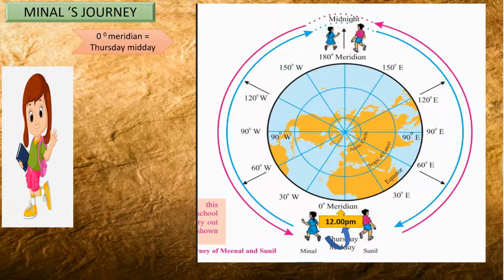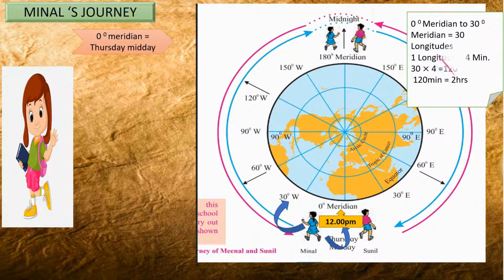Now again she started moving ahead. So when she is entering 30° west, from the 0° meridian to the 30° west meridian, what is the timing over here? Now students, you have to remember one thing: from the 0° meridian to the 30° meridian, there are a total of 30 longitudes. One longitude means 4 minutes. So 30 longitudes means 30 multiplied by 4, that is 120. Now 120 minutes means how many hours?